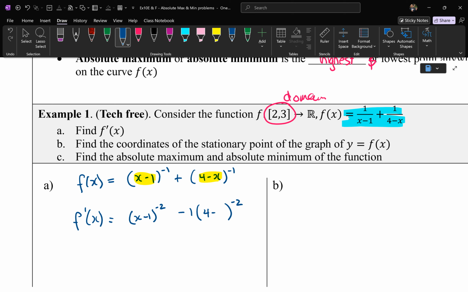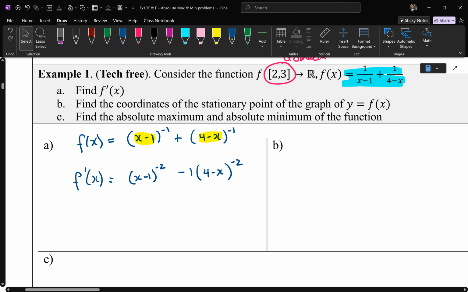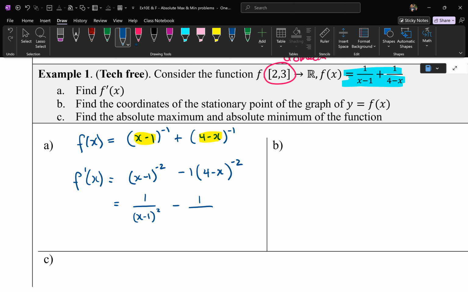Okay, and that still is 4 minus x. So this is the derivative, but I would normally rewrite them as 1 over (x minus 1) squared, and then take away 1 over (4 minus x) squared. Hands up if you got this one correct. I probably would have combined them as well, just because I can see that the next one, when you're solving.